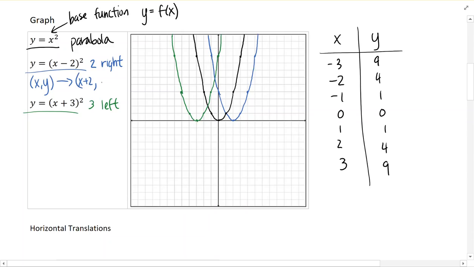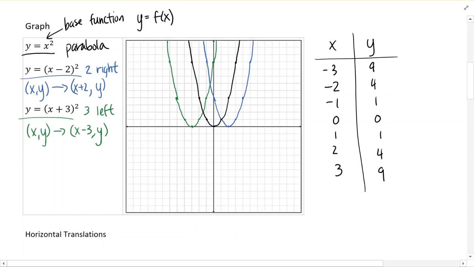Didn't change anything up and down, so y will just stay as is. As with the green graph, from the original we have moved 3 to the left, so that's why it's minus 3, but didn't change anything up and down, so that is just a y. Okay, so that is how you would show the mapping for these two particular functions.